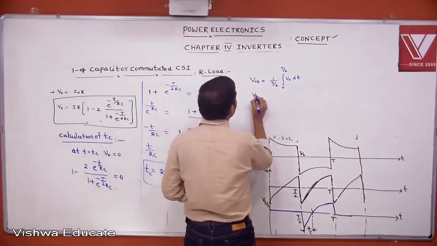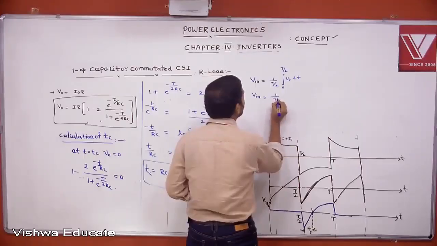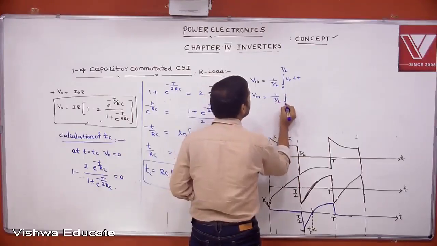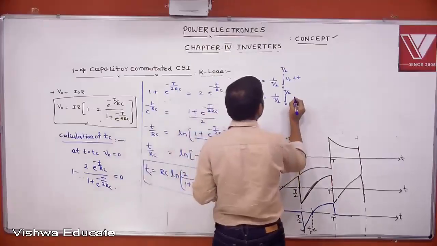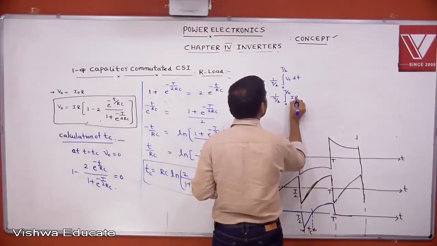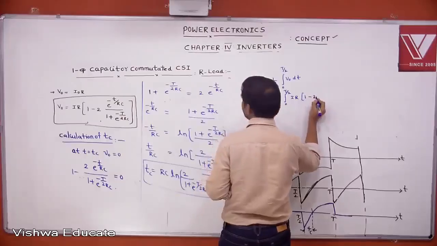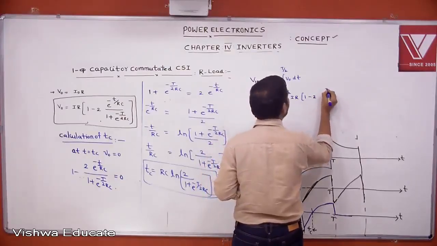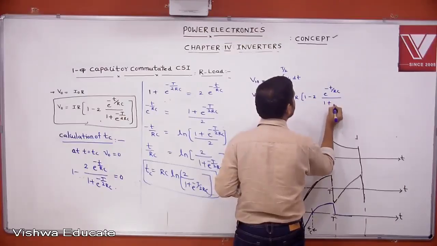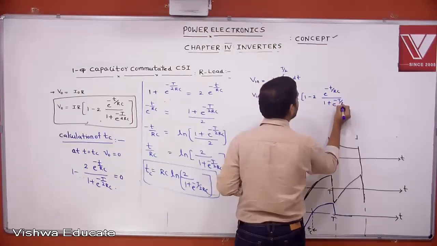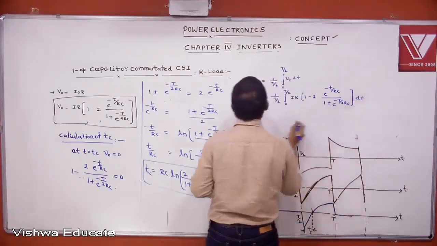Then Vin, the average input voltage, equals 1 by (T by 2) integral 0 to T by 2 of V naught dt. What is V naught? It is IR into (1 minus 2 into e power minus t by RC by 1 plus e power minus t by 2 RC) dt. Then integrate and substitute the limits.